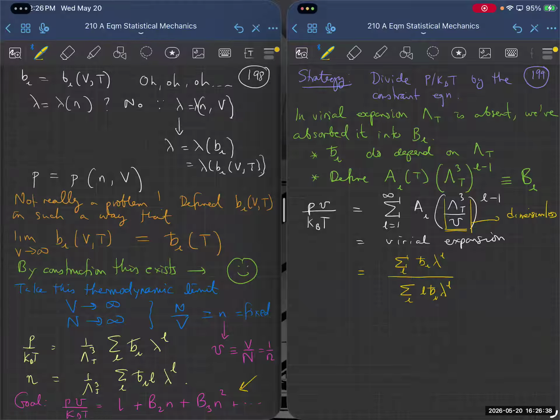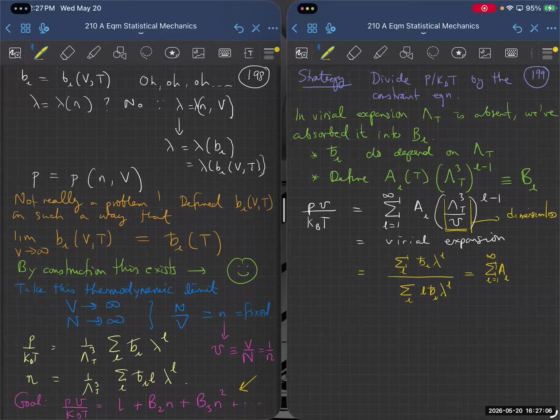And then what I've got is that this is equal to the sum from L equals 1 to infinity of a_L, and then the lambda cubed over the volume, that I can get from over here.